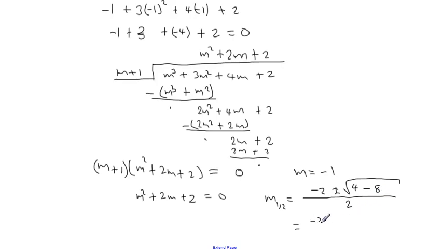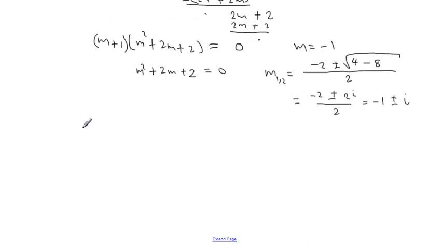So we've got here minus 2 plus minus 2i all over 2, which gives us minus 1 plus minus i. In this case, we've got a complementary solution again, which we get from these complex roots, which is going to be e to the power minus t brackets a cosine t plus b sine t, which is our complementary solution.